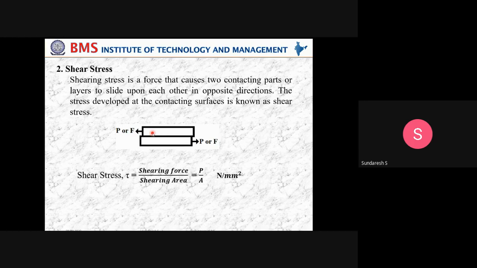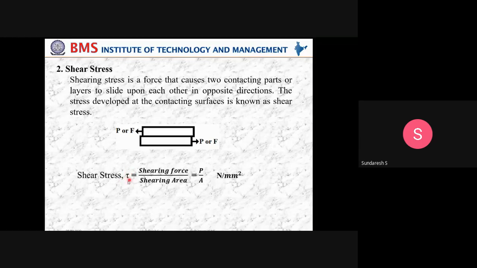So that resistance will be induced in the form of a stress. That force of resistance across the layers of the member, we call that a shear stress. So shear stress is usually denoted by the letter tau.